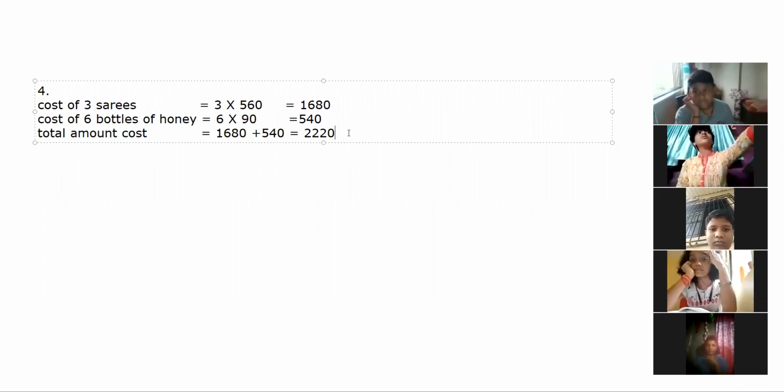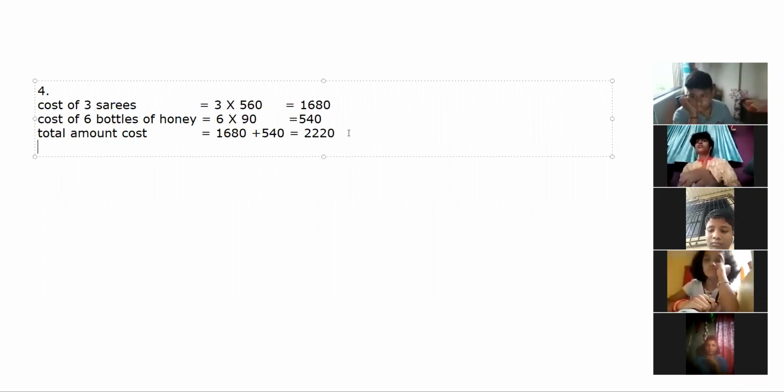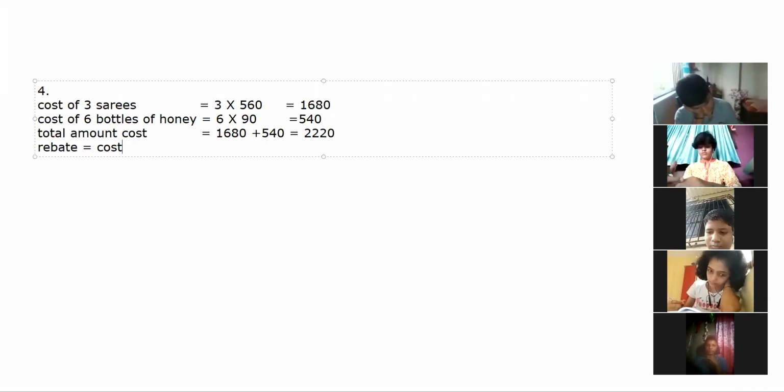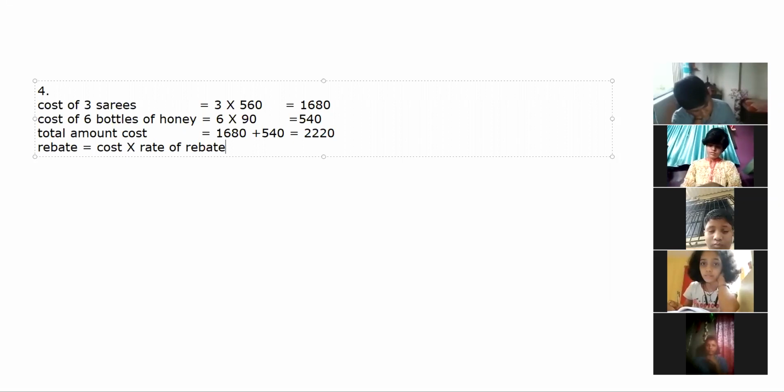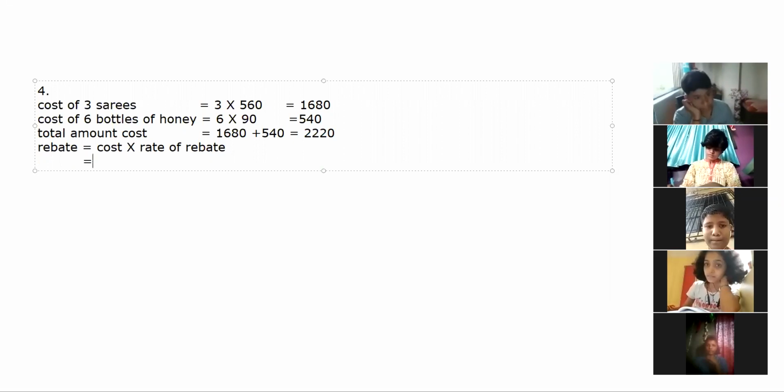Okay, so now let's find the rebate. Now the formula for rebate is cost into rate of rebate. Please note down this formula, that's important. Cost means here total cost. So the total cost you had found out, that is 2220, right?